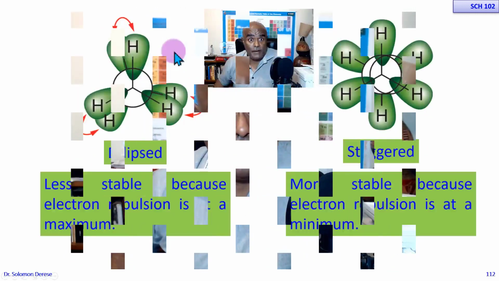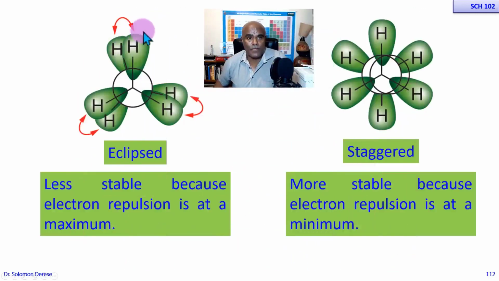So in summary, the two extreme conformers of cycloalkanes are the eclipsed conformation and the staggered conformation. In the eclipsed conformation, the two hydrogens on neighboring carbon atoms face each other like this, very close to each other.